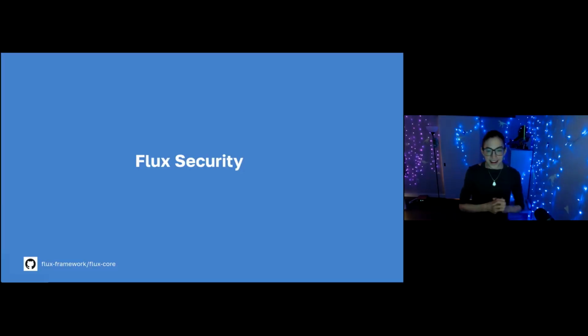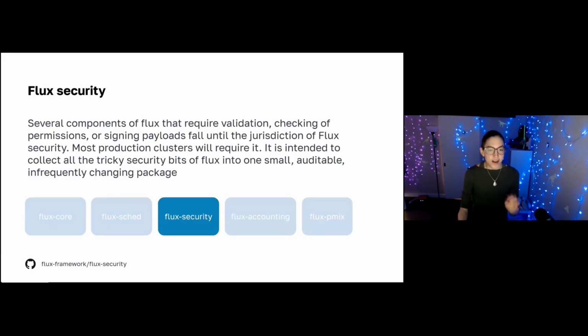Flux is happy. Anyway, Flux Security, we talked a little bit about this. This is the component of Flux that's like the one with the glasses, checking for the correct permission. So it's doing validation, checking of permission, and signing of payloads. This obviously is a very hardened component because we are a national laboratory.